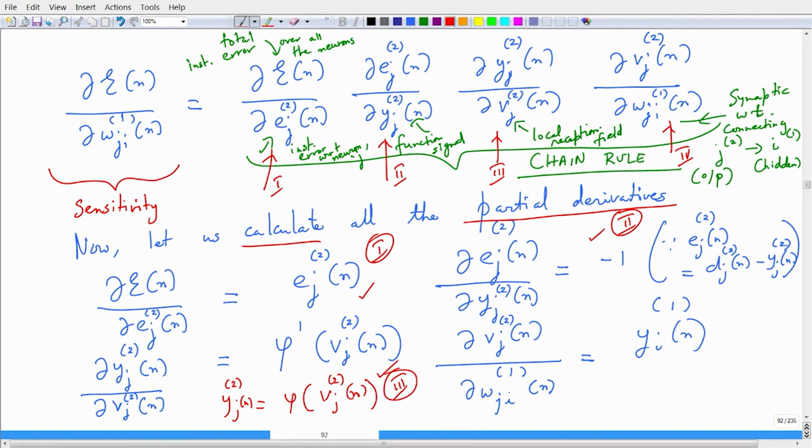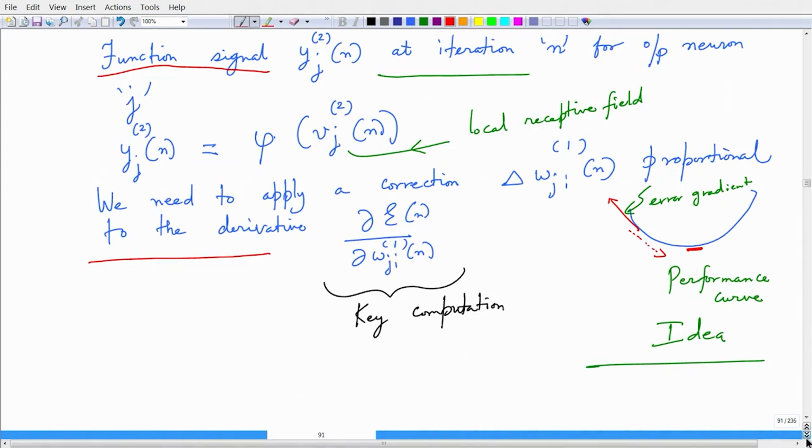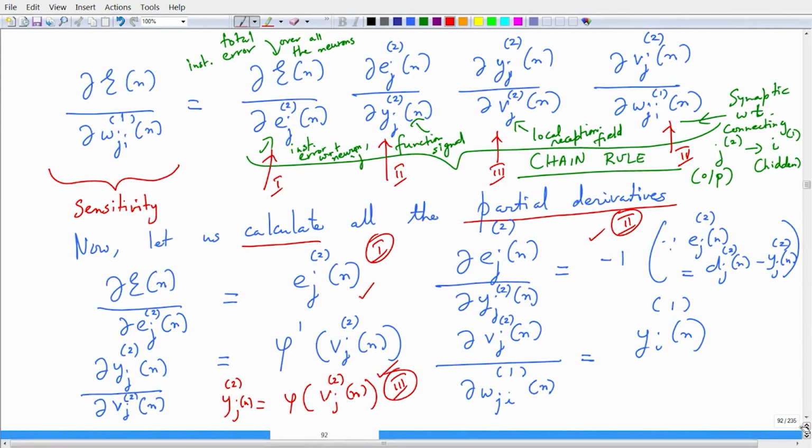The last term is now Vj with respect to Wji, and we saw this equation that I wrote earlier: Vj of n is the summation, i equals 0 to m1, of Wji of n times Yi of n, where Vj is in the second layer and this Wji and Yi are in the previous layer, indicated by 1, that is layer 1. From this we straightforwardly get Yi of n when taking the partial derivative.